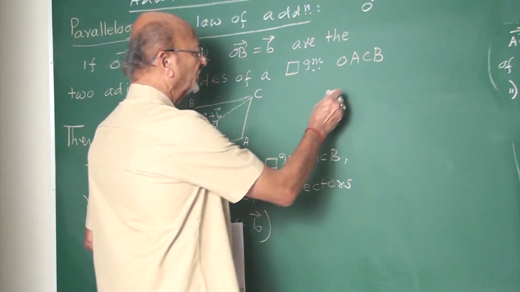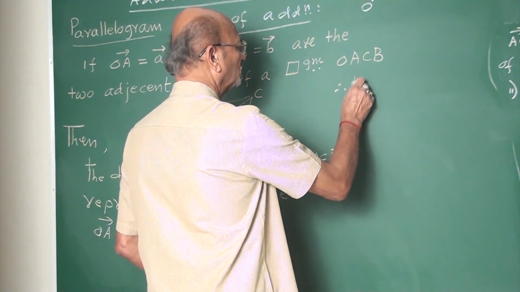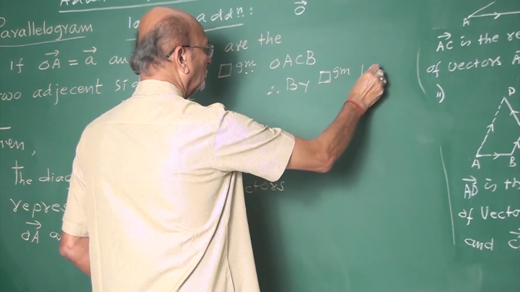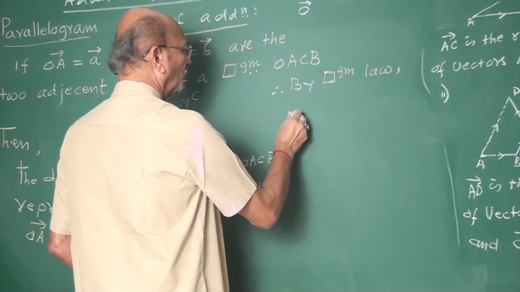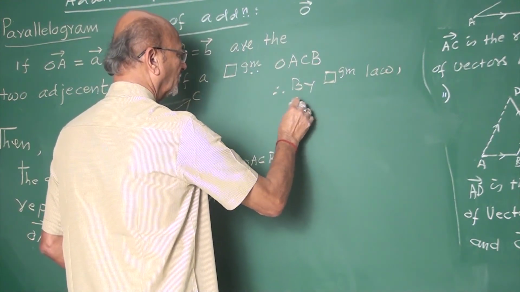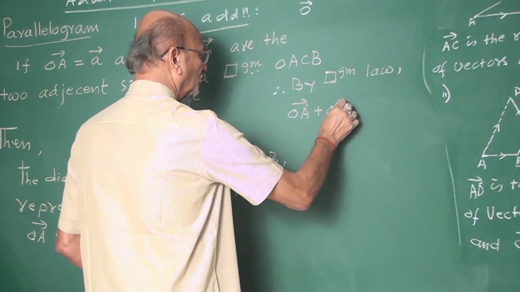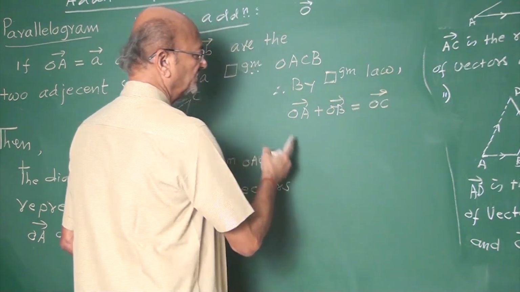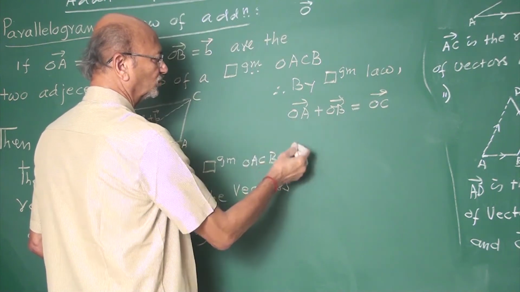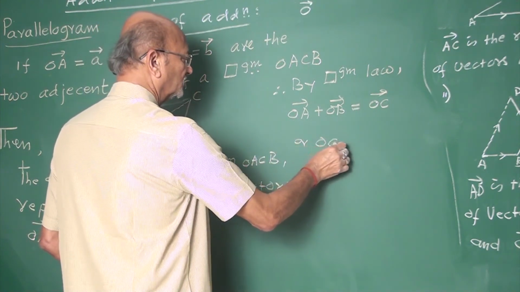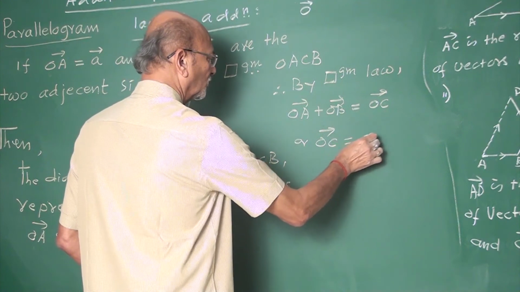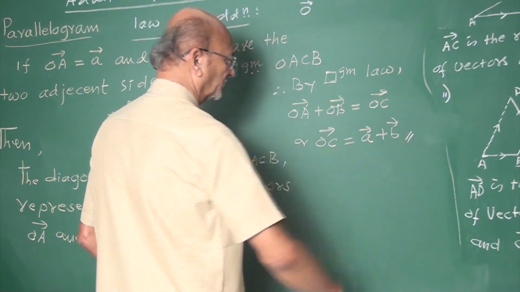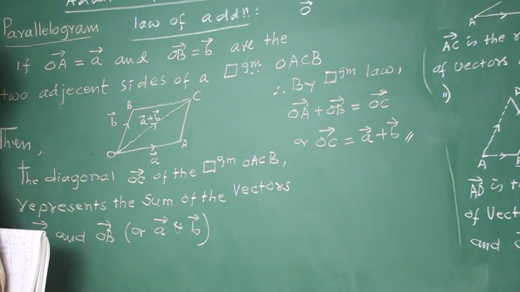Therefore, my friends, by parallelogram law, we have vector OA plus vector OB is the diagonal whose initial point is same as these two, or, my friend, diagonal OC equal to sum of the vectors A plus B. Yes, my friends.